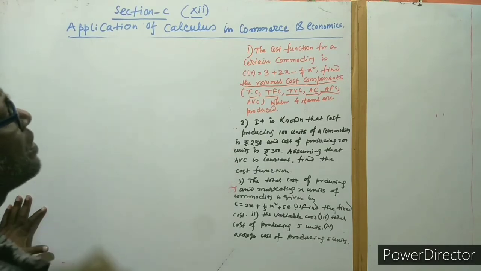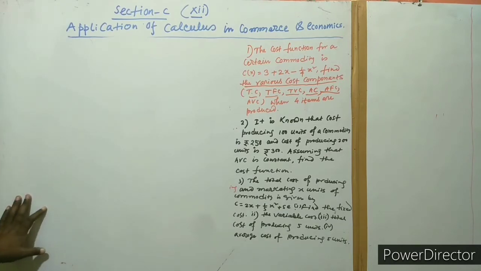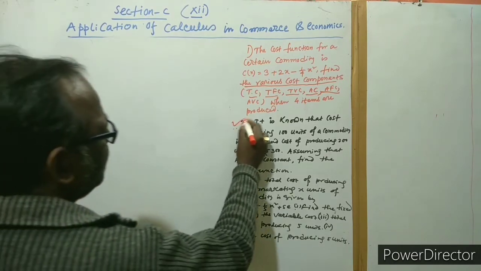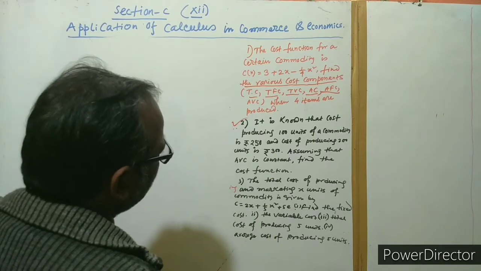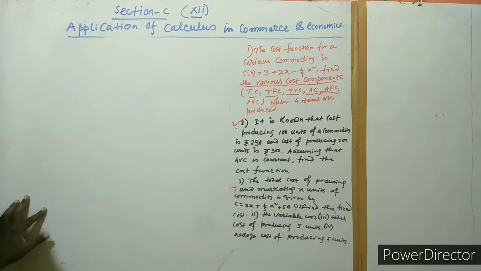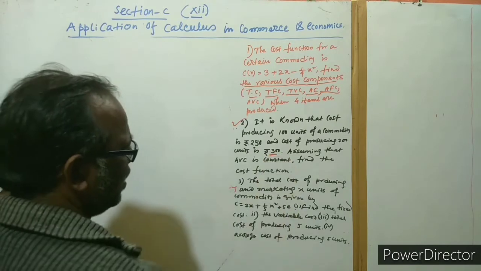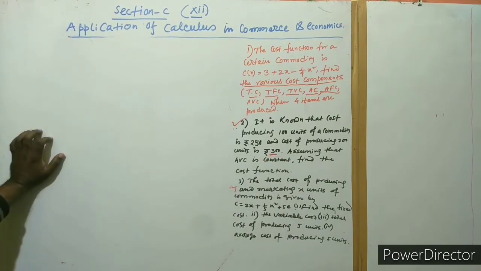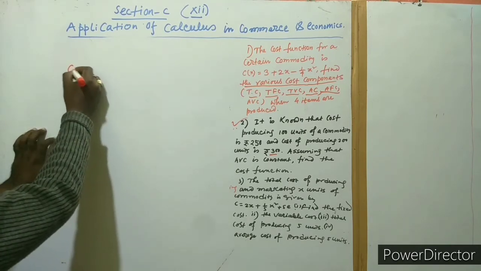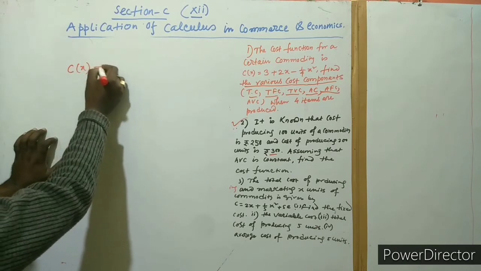Very easy conception. And now the second question is that it is known that the cost of production of 100 units of a commodity is rupees 250, and the cost of producing 200 units is rupees 300. Assuming that the average variable cost is constant, find the cost function. In a cost function, there is a fixed cost.